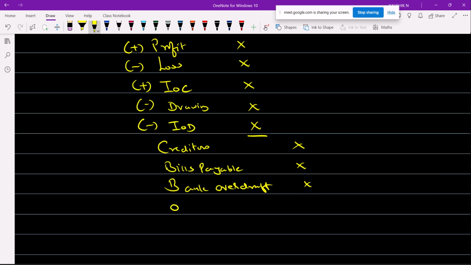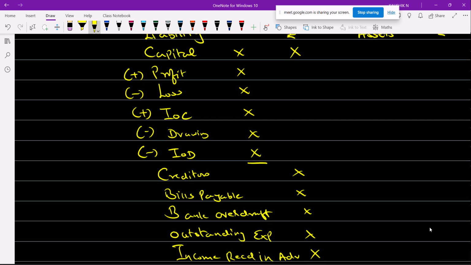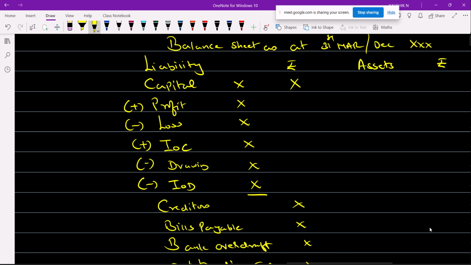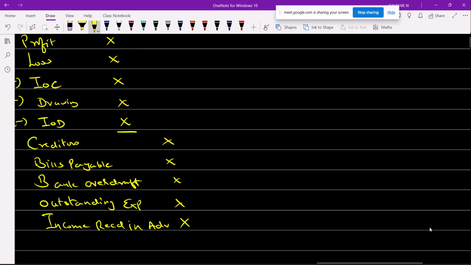Any outstanding expenses, and of course any income received in advance. So most probably these are the items which we would have seen and recorded on the liability side of a balance sheet. And finally, a total of your liability side.